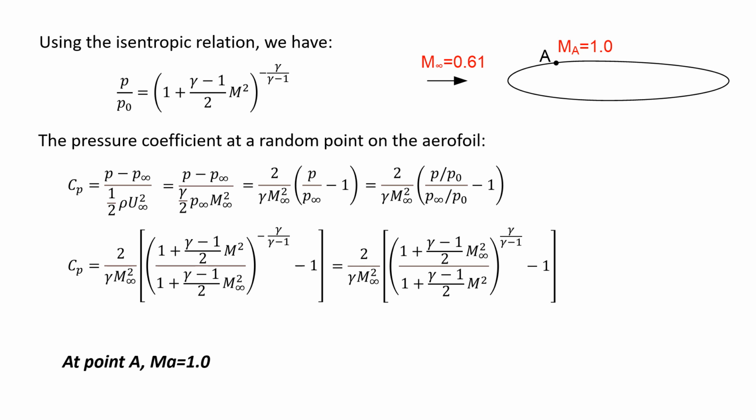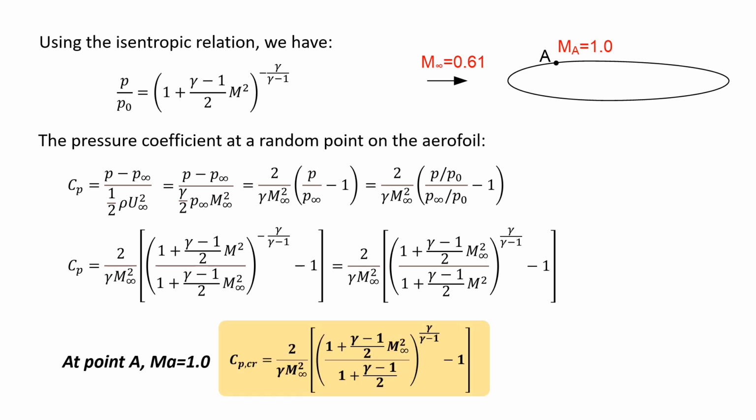So if now we replace the M squared in the denominator by 1, then we know that if point A reaches sonic, the pressure coefficient follows this highlighted relation. This is a very important relation, and at this free stream Mach number, it is the critical Mach number.